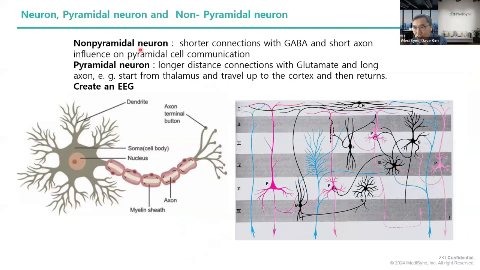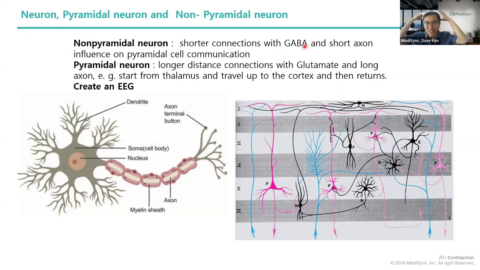And in the neuron, there are two different kinds of neuron: the non-pyramidal neuron and the pyramidal neuron. You can see this kind of pyramid shape is the pyramidal neuron, and another one is the non-pyramidal neuron, usually mediated by GABA. GABA is the inhibition neurotransmitter.